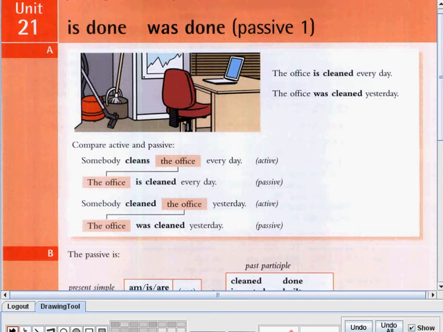And we use passive when we don't need to say who did the action, and we can use the passive to avoid saying who did the action. So those are the reasons why we can make passive form of sentences.